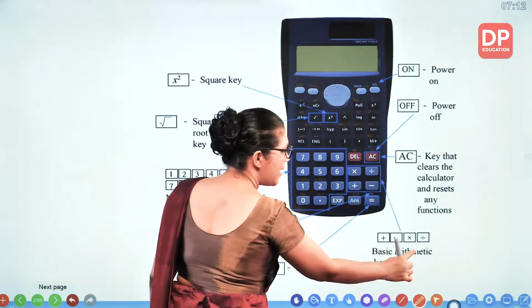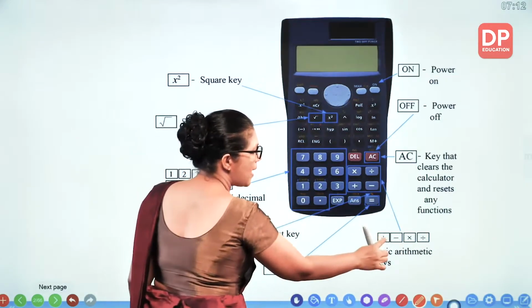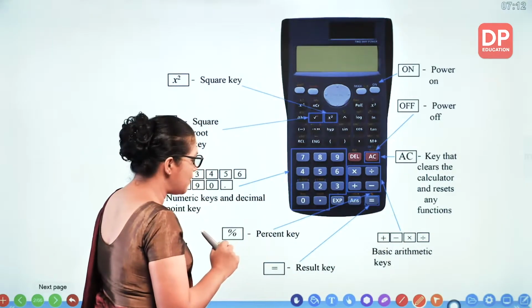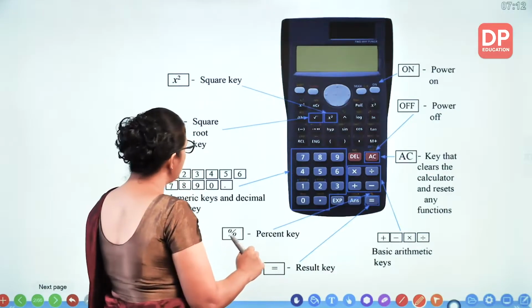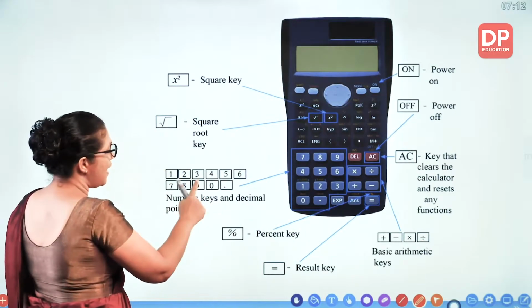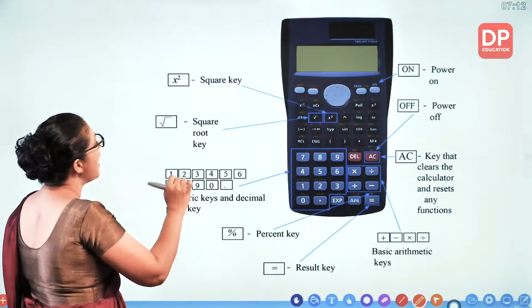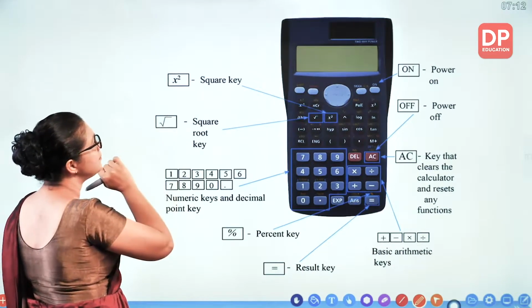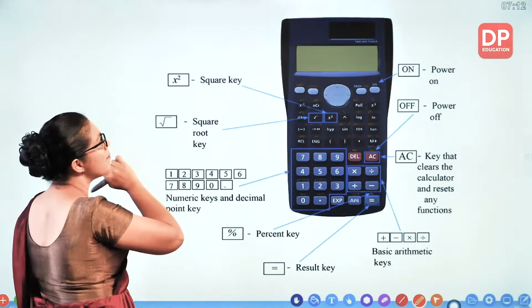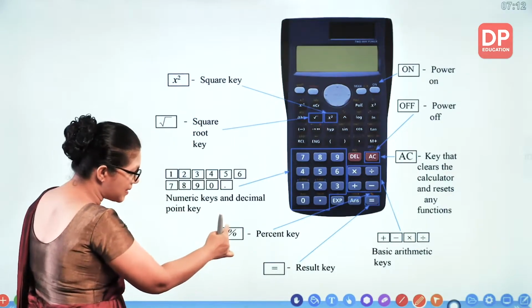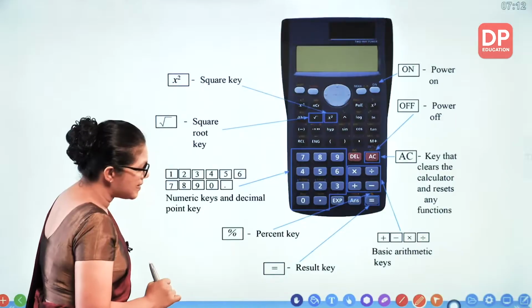And then you get basic arithmetic keys, plus, minus, multiplication, division, and numbers are there, decimal point, a dot there, and here the square root button, square button, and here the percentage sign is there.